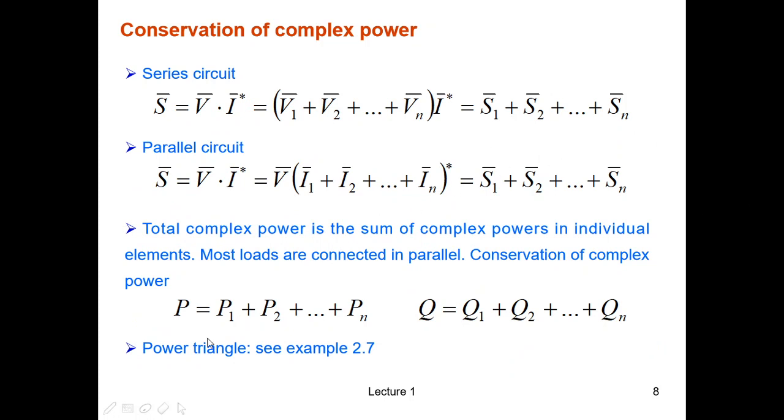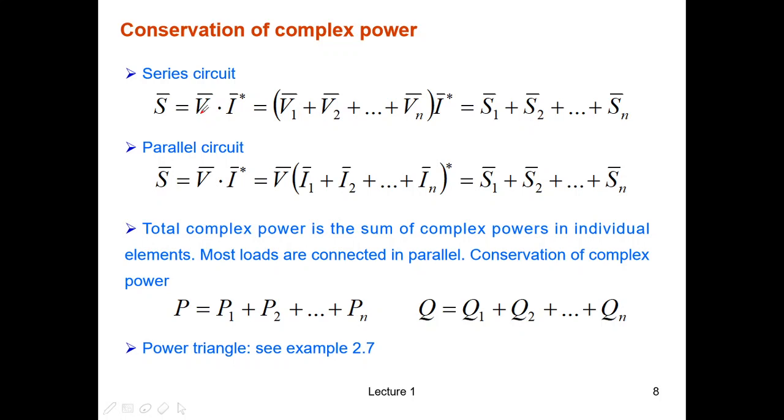Okay, let's have a look at the conservation of complex power. First we look at the series circuit. In a series circuit, we have many components in series, so they carry the same current, but they might have different voltage drops.